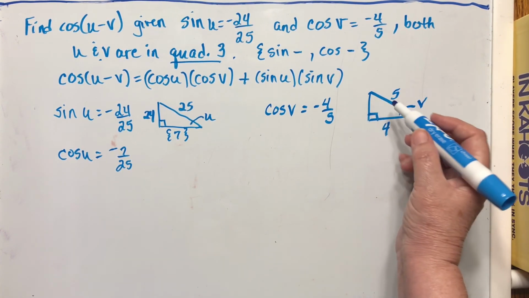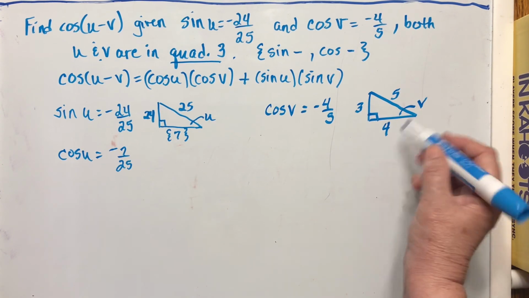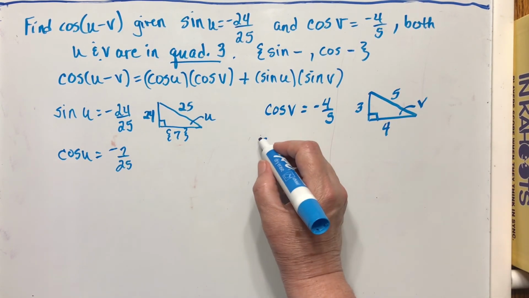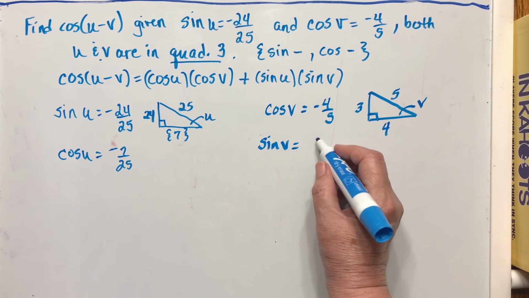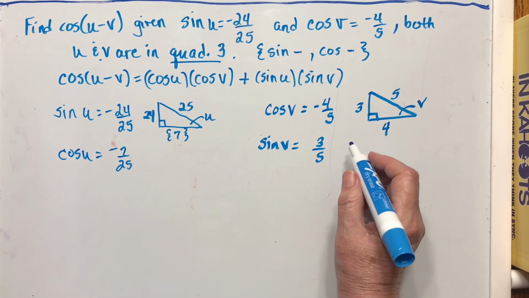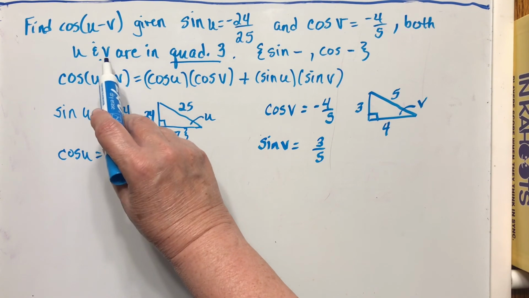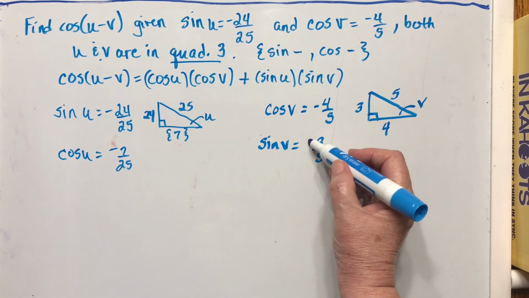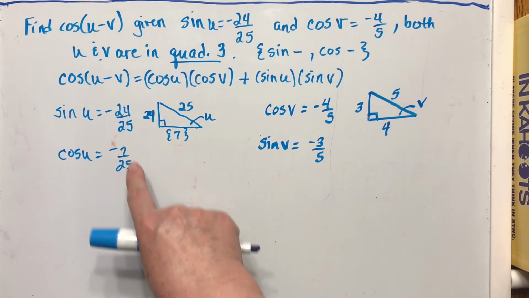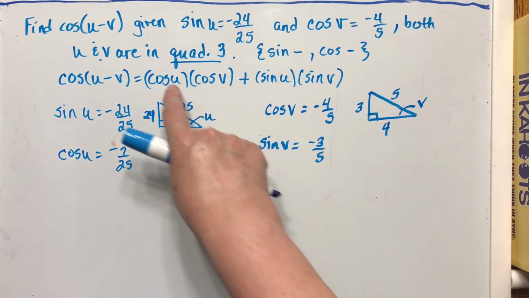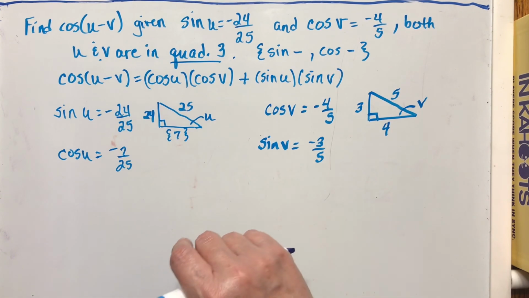So the missing side is going to be 3, using the Pythagorean theorem. So now the sine of v is the opposite over hypotenuse, so it's 3 over 5. But again, we have to check angle v is in quadrant 3, so the sine of v is going to be negative 3/5. So now here are our 4 values that we have to plug in to this given equation.